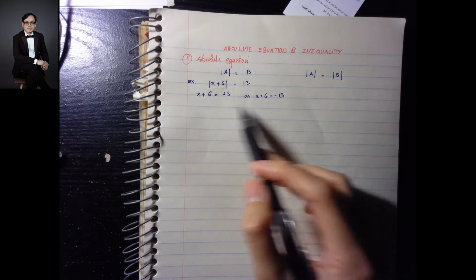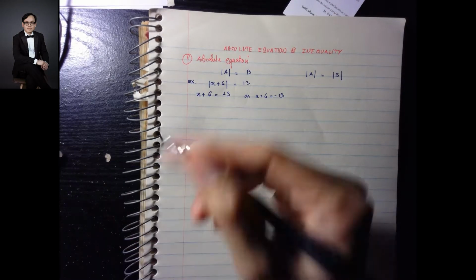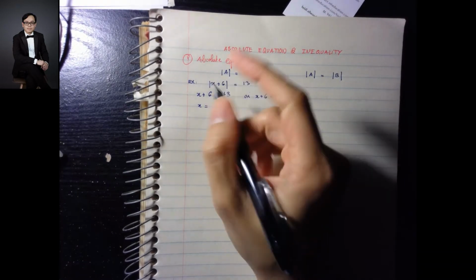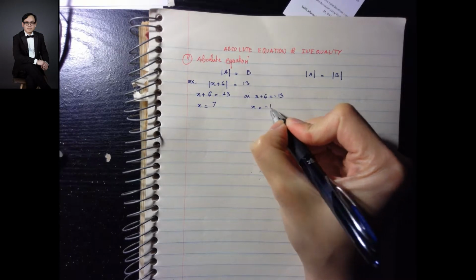After you split into 2 cases, that becomes a very simple linear equation, and now we can solve easily. This gives you x equal 13 minus 6, which is 7, and x equal negative 13 minus 6, which is negative 19.